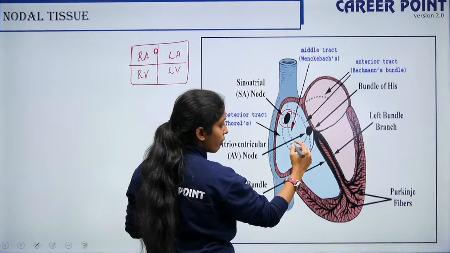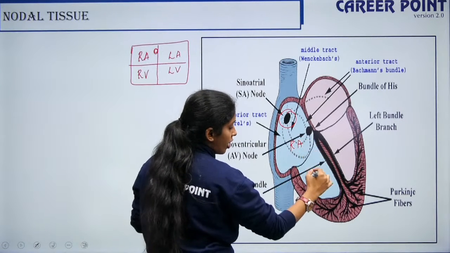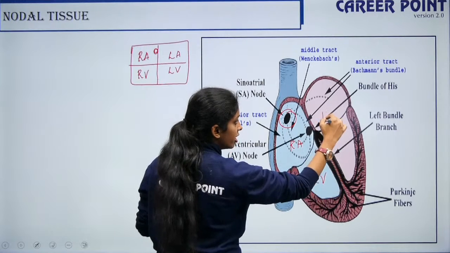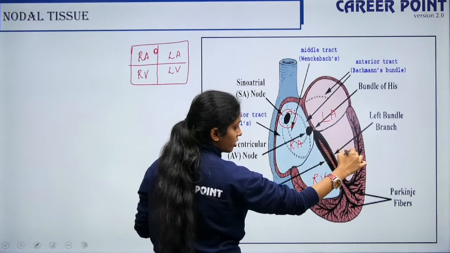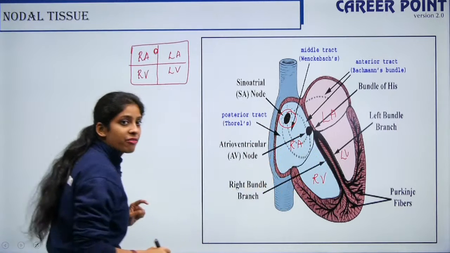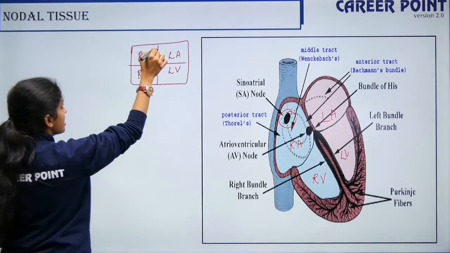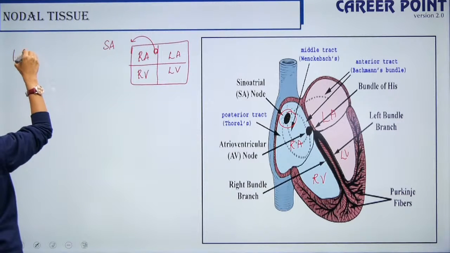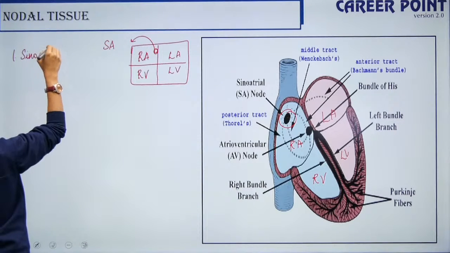So this is the right atria, right ventricle, left atria, left ventricle, right? Here we have the SA node. This is the SA node. SA stands for sinoatrial node.